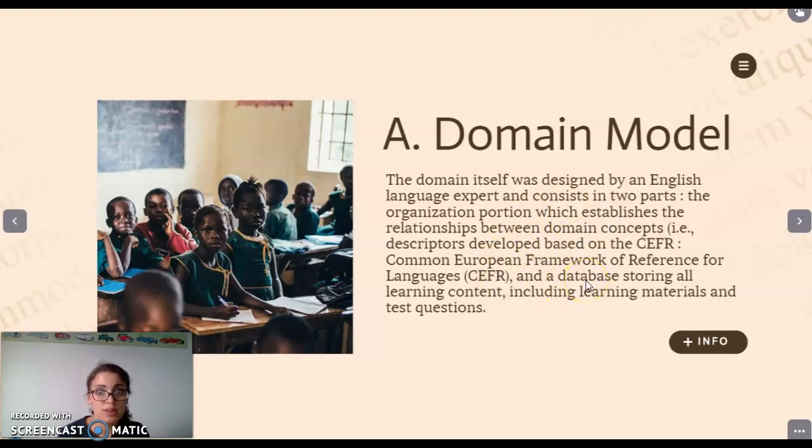And second, a database storing all learning content, including learning materials and test questions. It means we have an expert in the English language who developed this on the CEFR, and we have a database storing all of the content, with learning materials and questions.